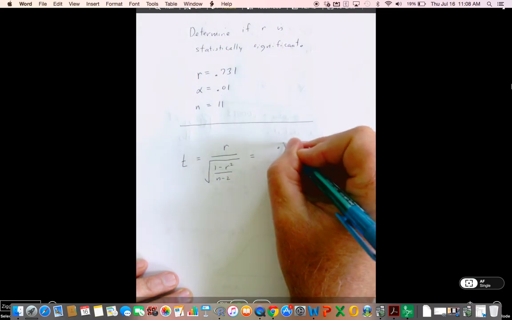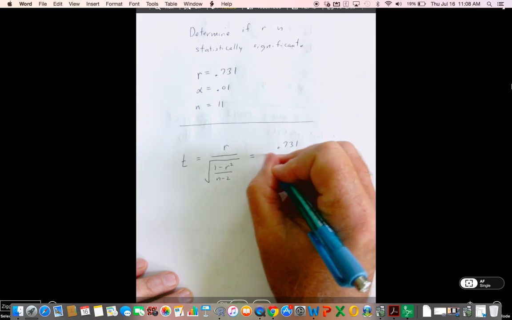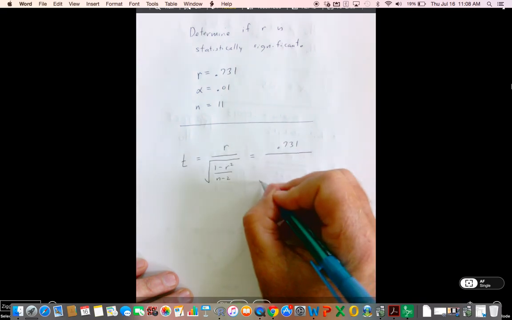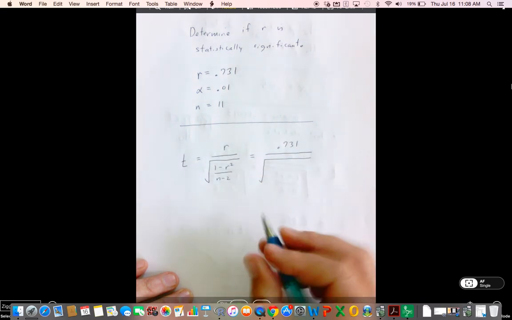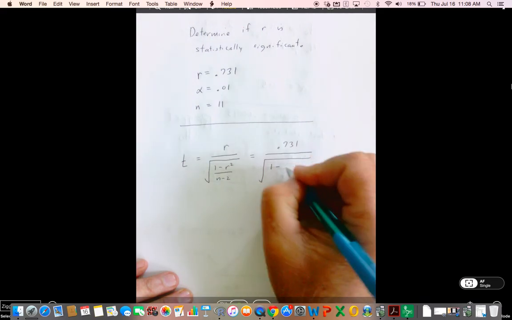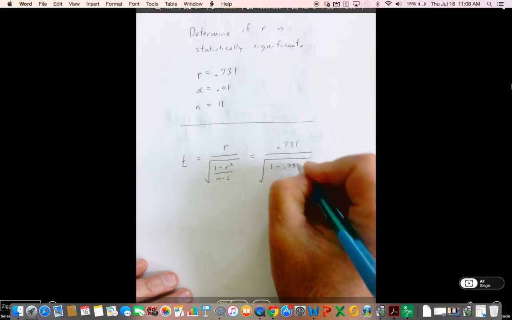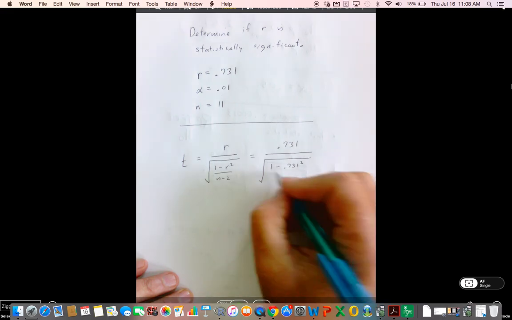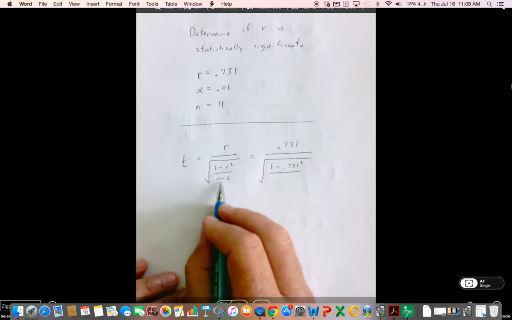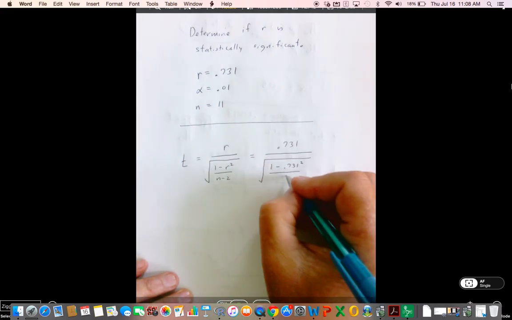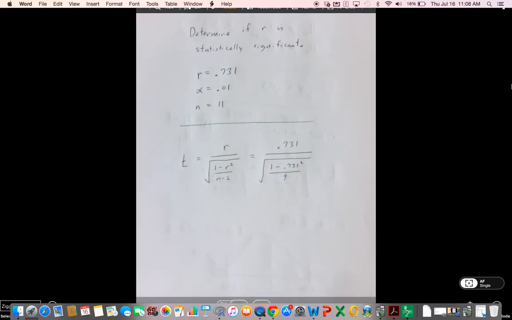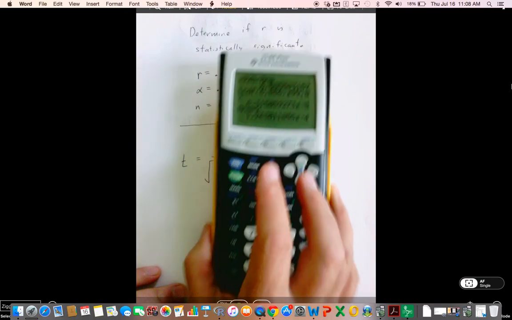So I have 0.731 over the square root of 1 minus 0.731 squared over n minus 2. N is 11. We should be able to do the mental arithmetic that we have 9. The trick to it is putting it in your calculator correctly.